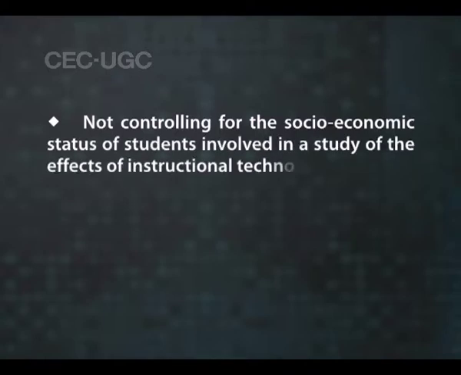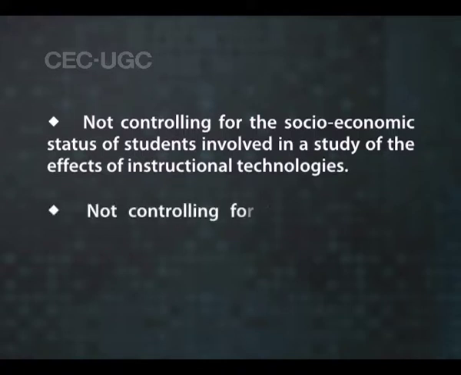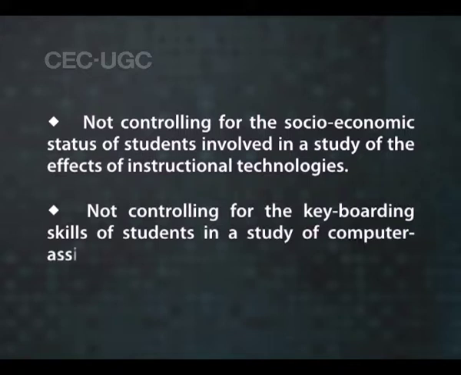Example, not controlling for the socio-economic status of students involved in a study of the effects of instructional technologies. Not controlling for the keyboarding skills of students in a study of computer assisted instruction. Confounding variables are those that vary systematically with the independent variable and exert influence on the dependent variable.